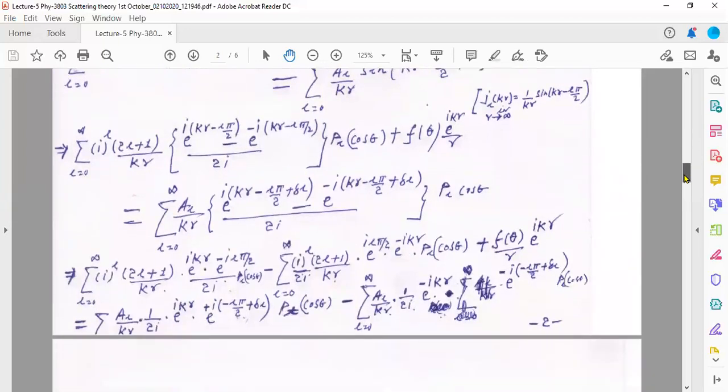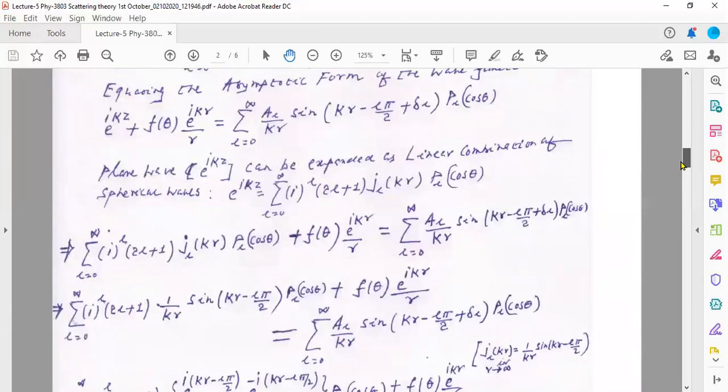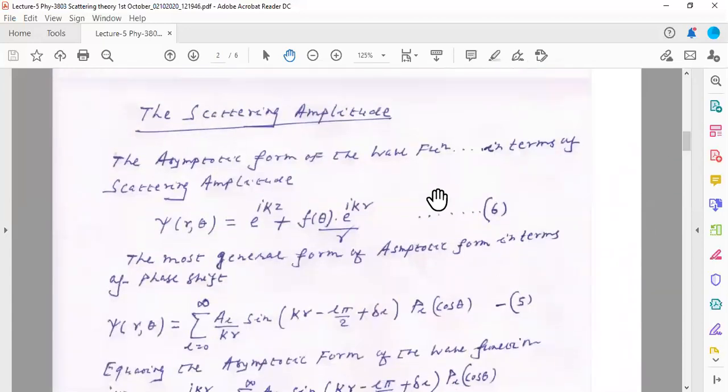This term I am writing here: f theta over r e to the power of ikr, because it is also a term of e to the power of ikr. I'm comparing these two expressions, equation number 5 and equation number 6. Equation 6 consists of this term.